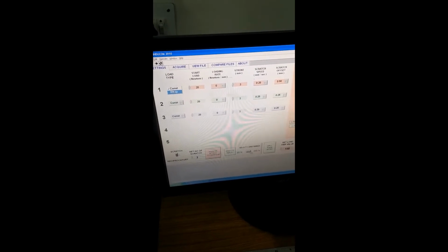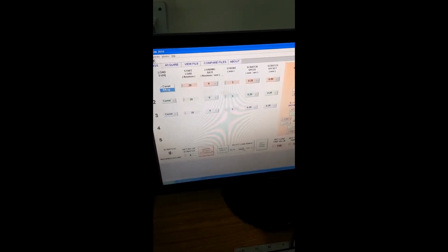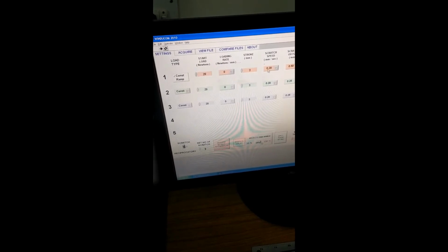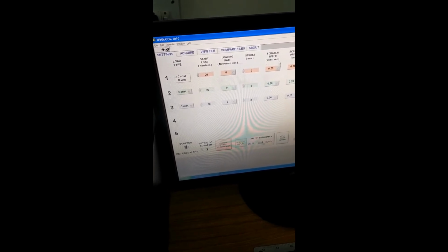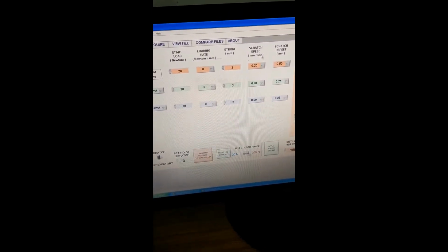And the ramp load implies the indenter applies a normal load on the specimen, which is the start load value entered in the screen, and it travels the entire scratch length with the speed value that we enter. Here we have set the speed at 0.20 mm per second, and gradually it increases the normal load at the loading rate entered.